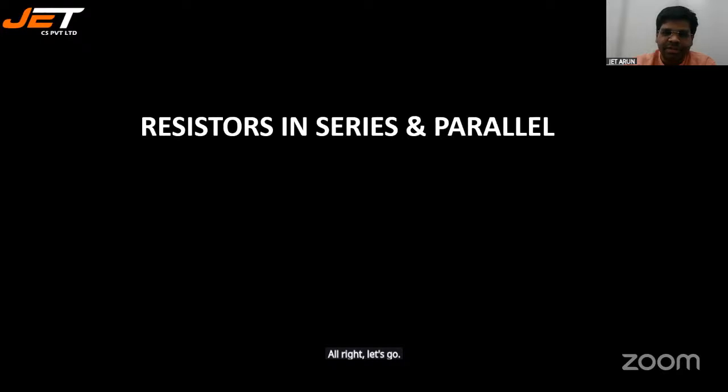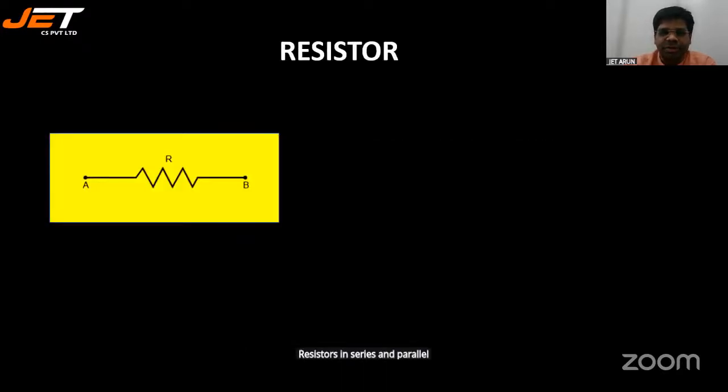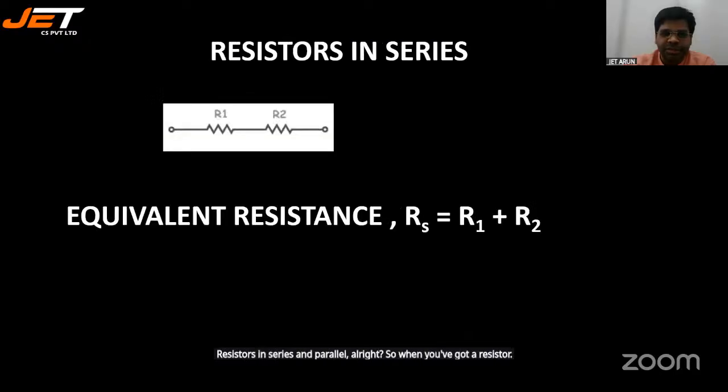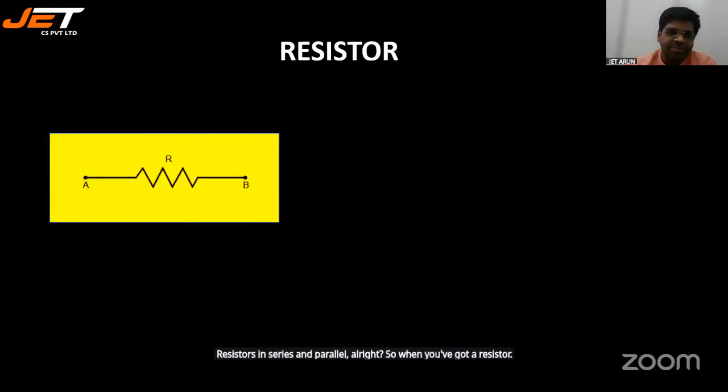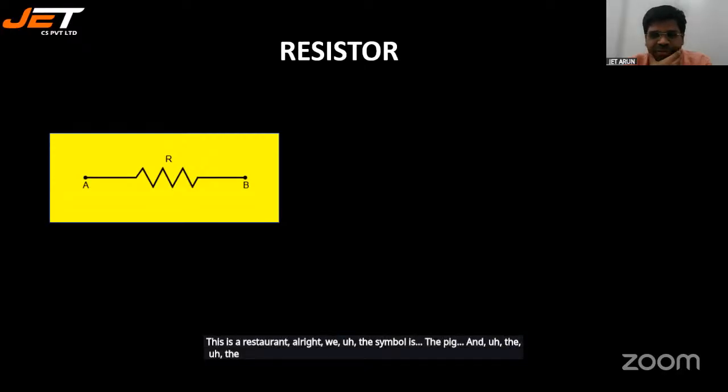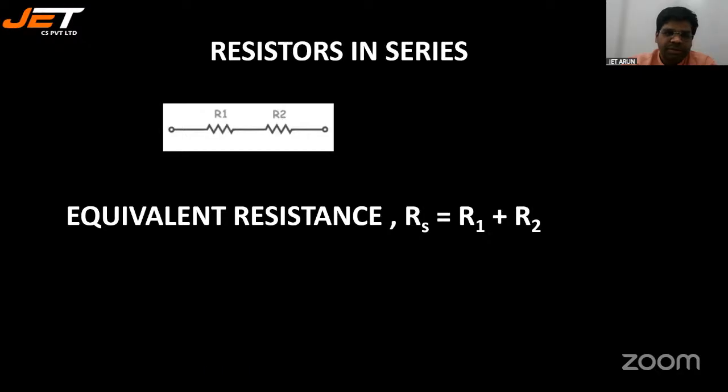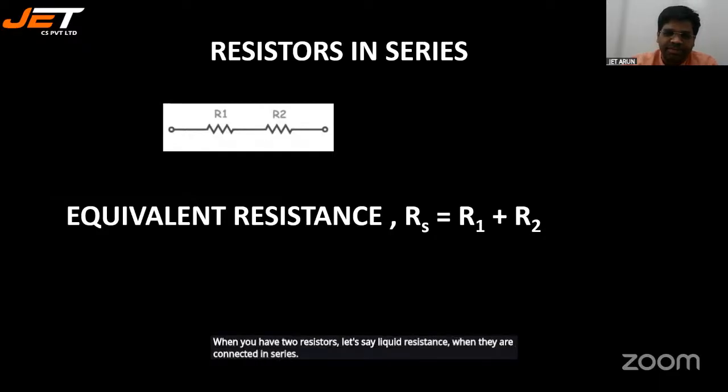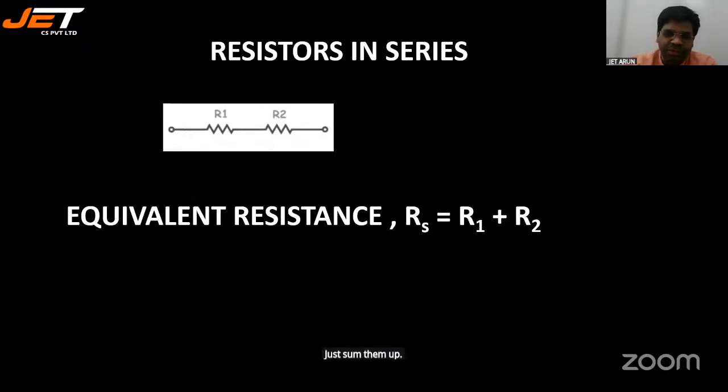All right, let's go forward with resistors in series and parallel. When you've got a resistor, the symbol which you see over here is the symbol for a resistor. When you have two resistors, the equivalent resistance when they are connected in series is you just sum them up: R1 plus R2.